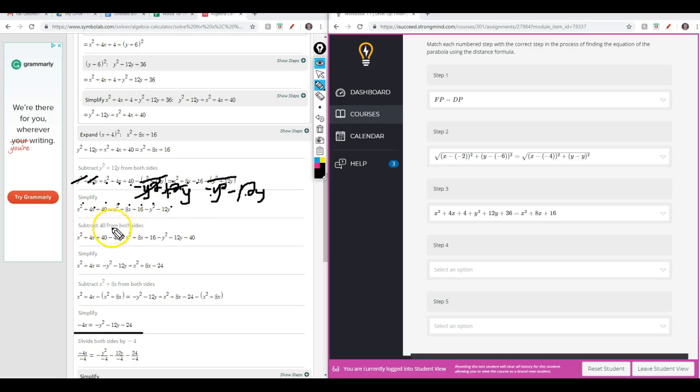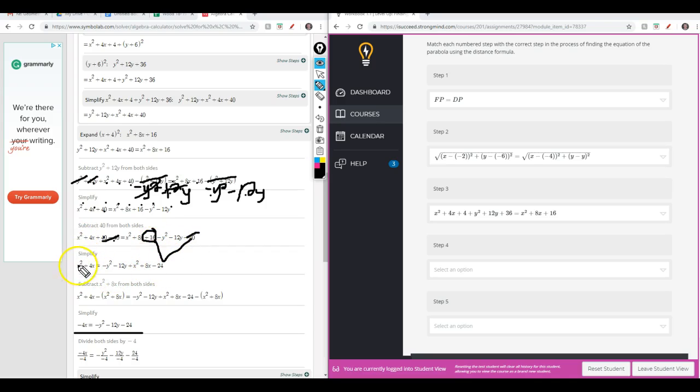So now they state to subtract 40 from both sides, and that is because 40 minus 40 reduces down to 0. And then minusing 40 on this side doesn't have any constants to combine with. Actually, you do. You have this plus 16 minus 40, so that reduces down to the negative 24.